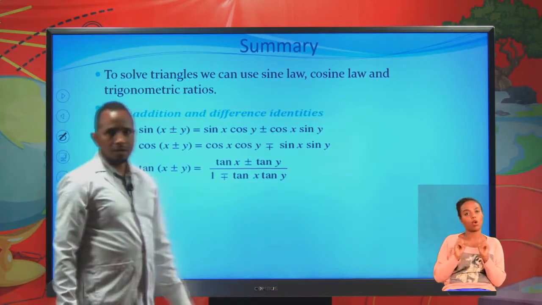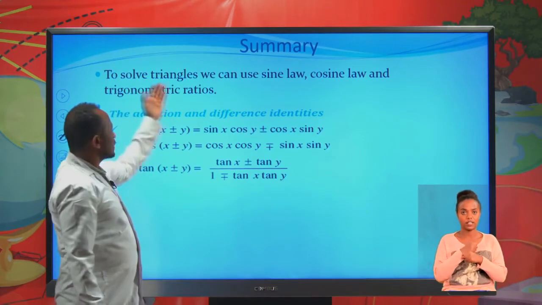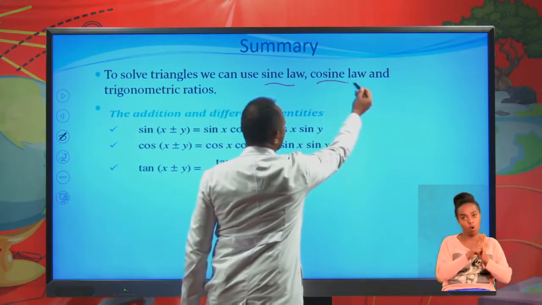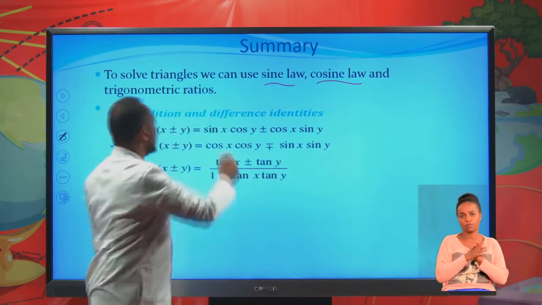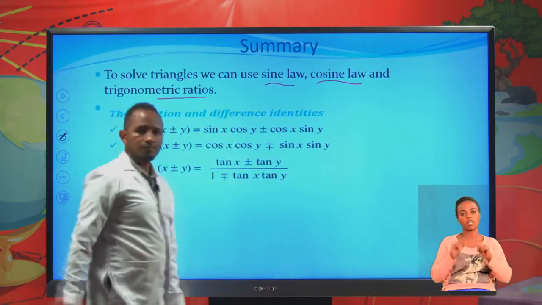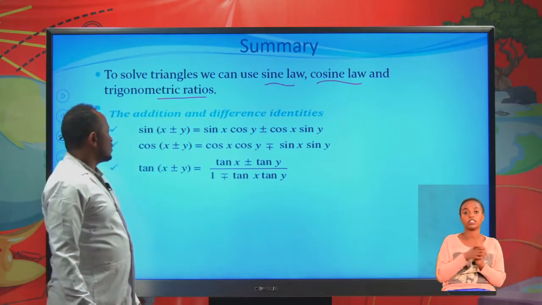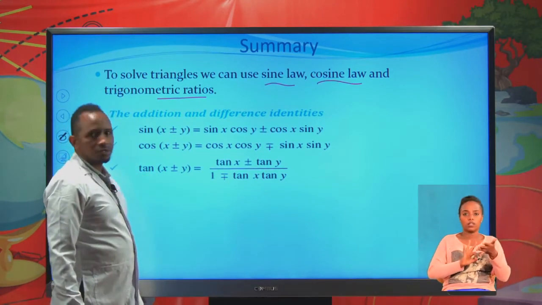Okay, summarize. To solve triangles, we can use either sine law or cosine law, and maybe trigonometric ratios. And we have also said these formulas, sum and difference identities.